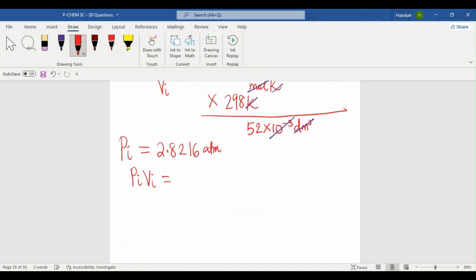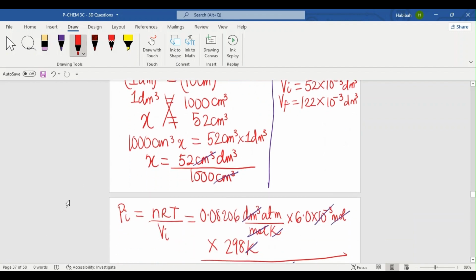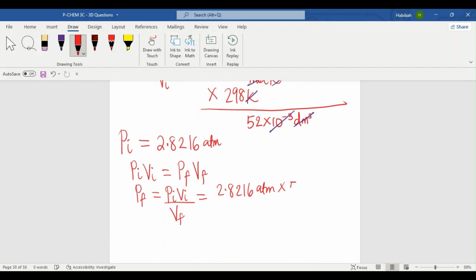And of course, we know from our combined gas law, anytime you have temperature constant, P initial V initial equals P final V final. So we're just going to find P final. P final is just going to be P initial V initial divided by V final. So that'll be 2.8216 atmospheres times 52 times 10 raised to the power negative 3 dm cubed, divided by V final, which is simply 122 times 10 raised to the power negative 3 dm cubed.